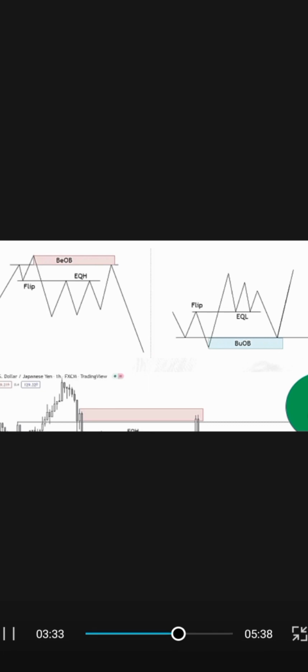The market will manipulate or break out at this equal high before respecting your bearish order block. And for equal lows, check for a bullish order block below equal lows. The market will manipulate or break out these equal lows before respecting your bullish order block. So this setup gives high probability odds if the equal lows form at the same level as the flip zone.